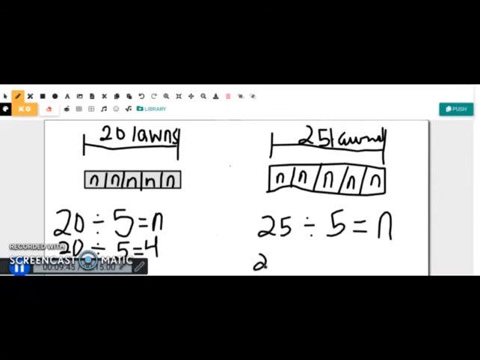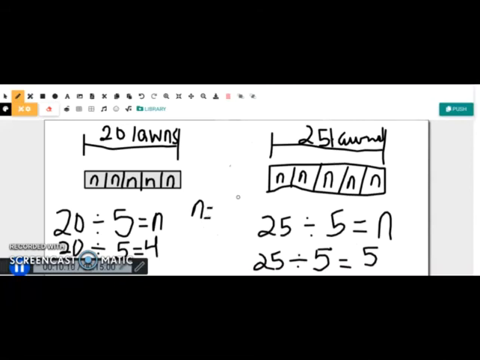In this case, we could think about what times 5 gives us 25, and if we do some of the strategies we learned, or if we know that basic fact, we know that 5 times 5 equals 25. So now we know that N is equal to, in this case, 5.